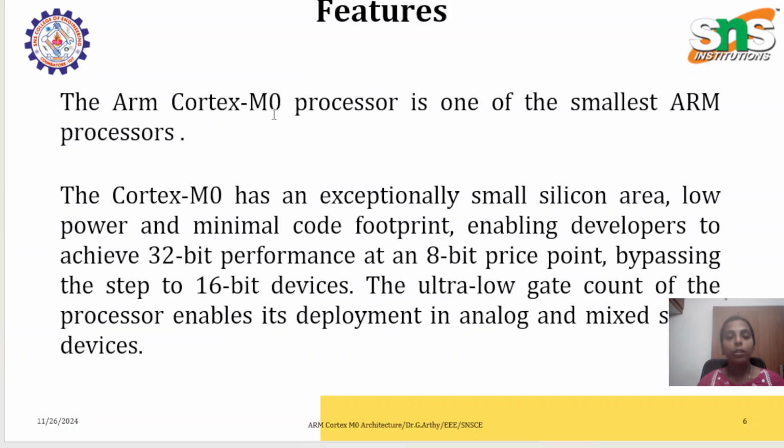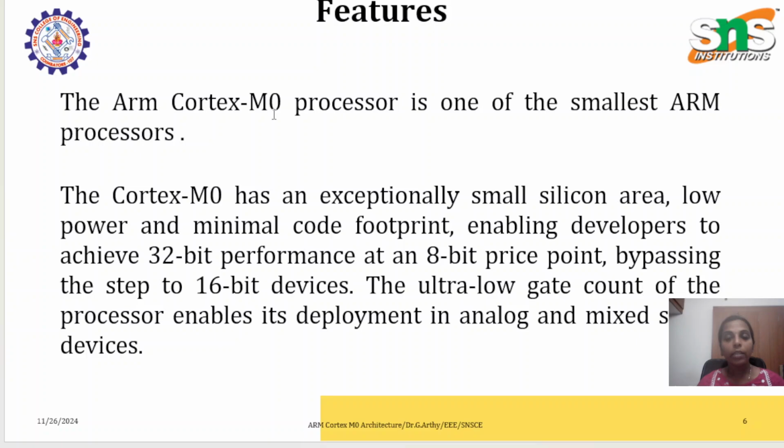We are going to discuss one of the processors in this ARM Cortex family, that is ARM Cortex-M0, which is the smallest ARM processor, a base processor. The Cortex-M0 has a small silicon area and consumes less power. The code footprint is also very minimal, and 32-bit performance is achieved with the help of an 8-bit processor.